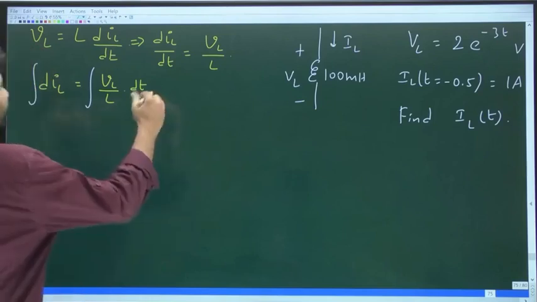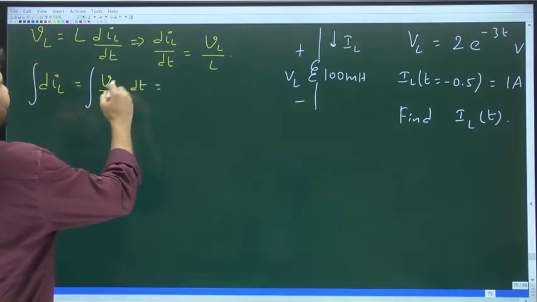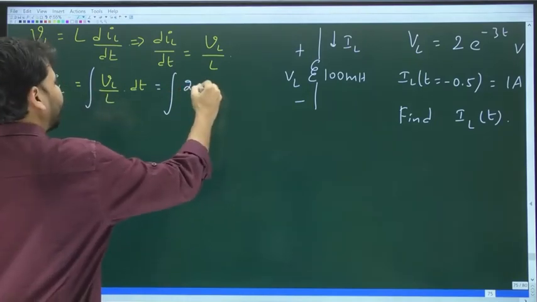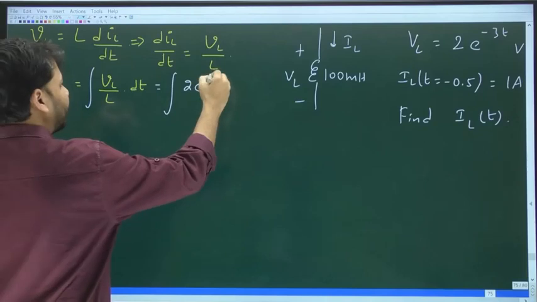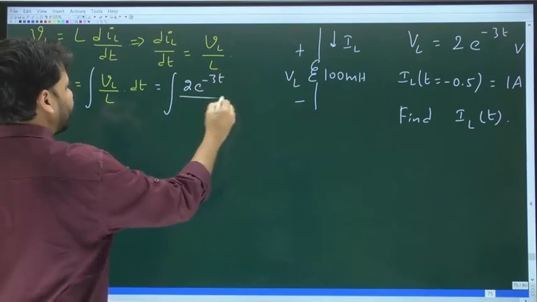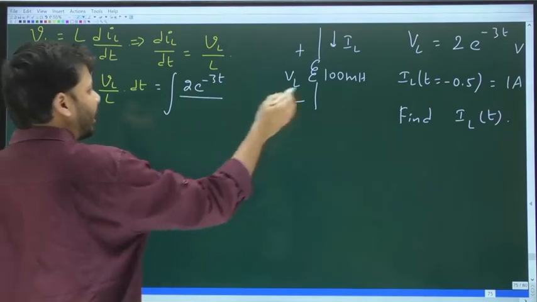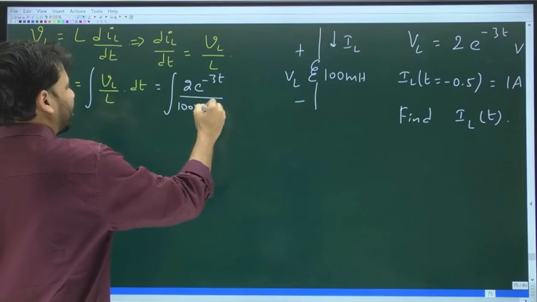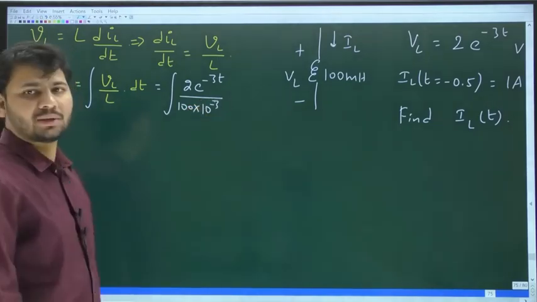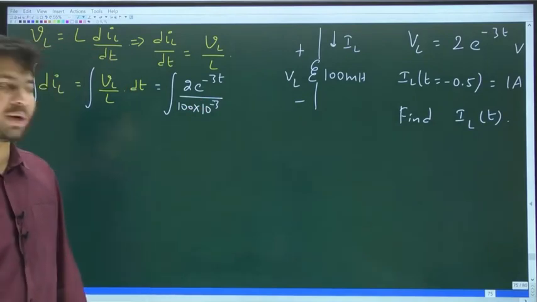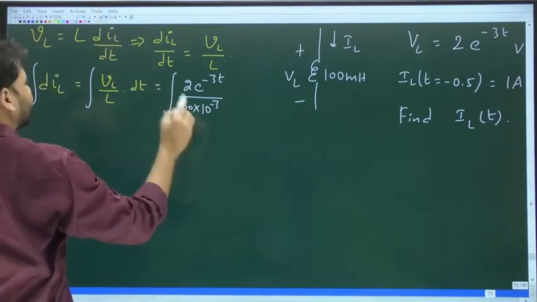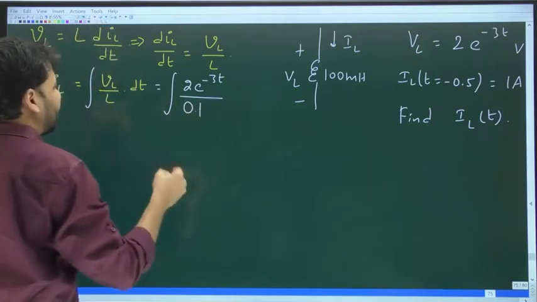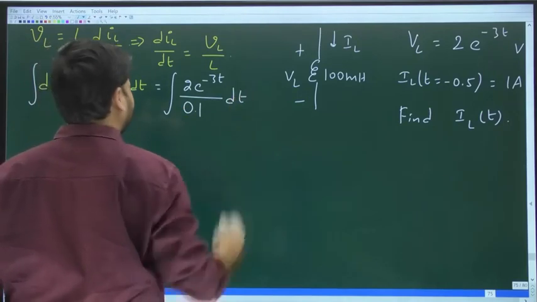In place of VL on the right hand side, let me write the given expression, which is 2 times e power minus 3t, divided by L. L is 100 millihenry, which is 100 into 10 power minus 3, that is 0.1. So I will directly write the value of L as 0.1, dt.